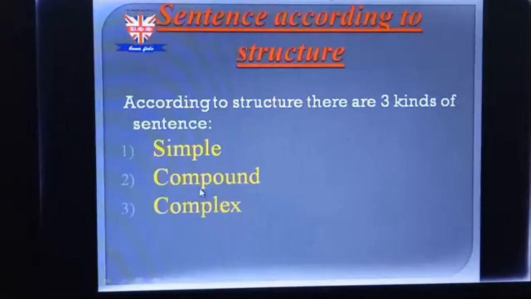But here I've tried to show you something different. As we have done clause, it will be easier for us to understand complex at the beginning, because complex is related with clause. We'll try our best to understand in the easiest way, so that we can remember for a long time.